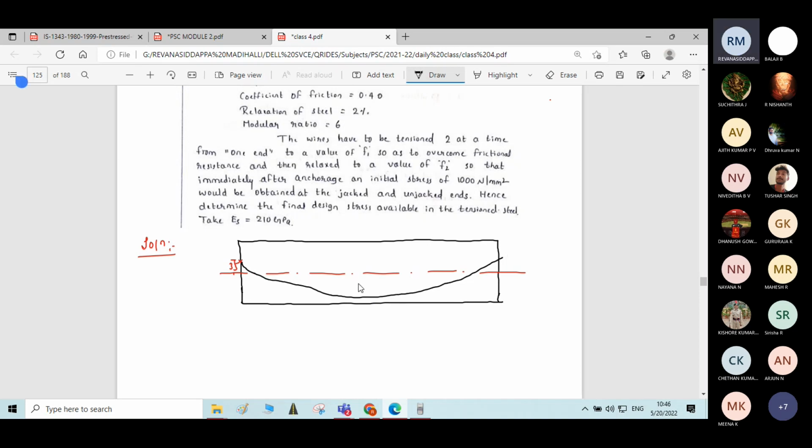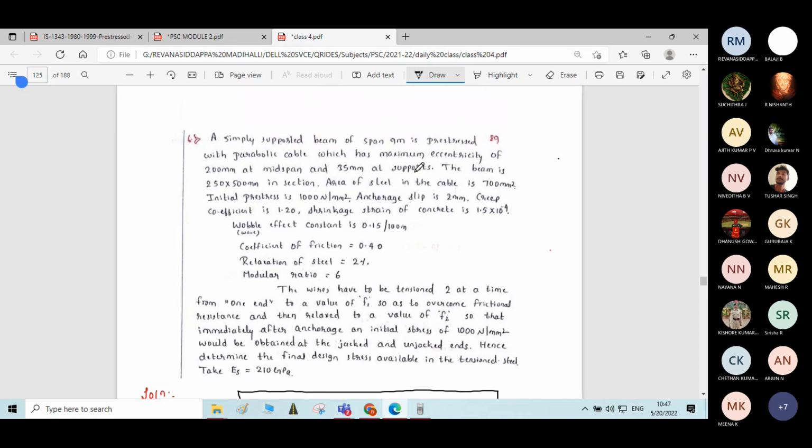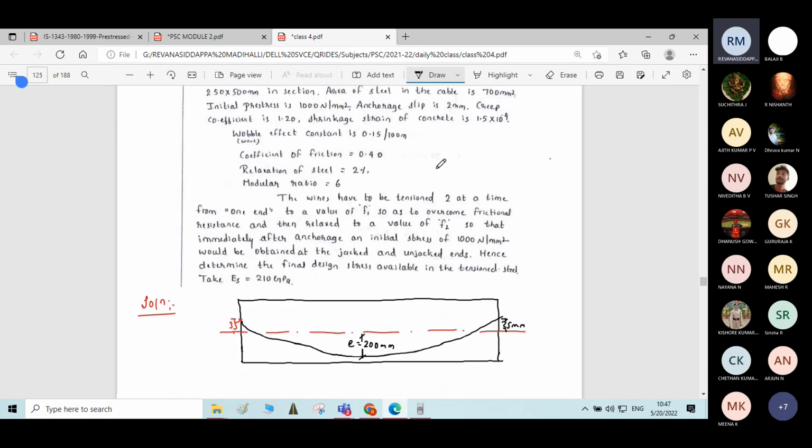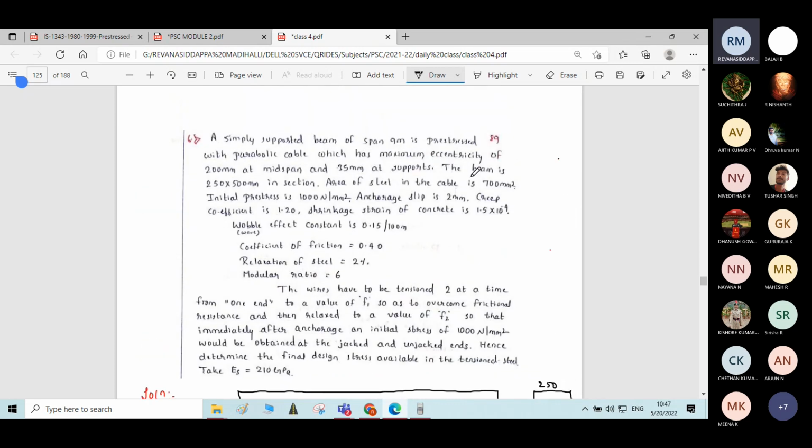The beam is 250 by 300 mm in section. Cross section is given as 250 by 300.